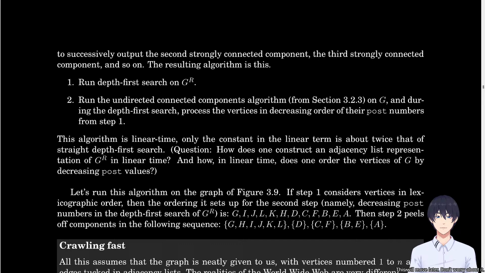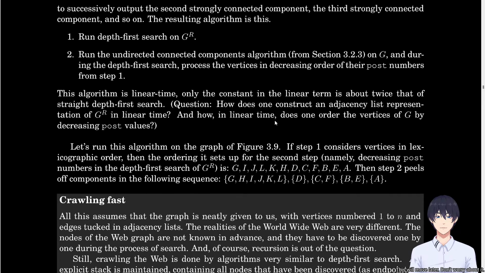So you do this from the vertex with the highest post number. That will get you all of the vertices in that sink SCC. And then you delete those from the graph. And then you start again in a vertex that you haven't deleted with the highest post number. And that'll get you the second SCC, and so on. And it's linear. Okay.